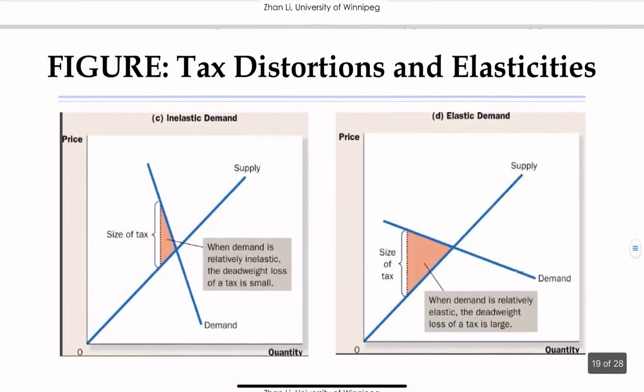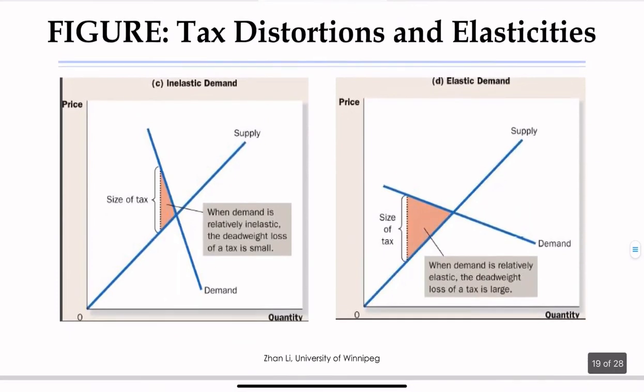Okay, you will have the same case when you're thinking about the elasticity of demand. So let's compare graph C and graph D. Here we have the same supply curve, and the only difference is the elasticities of the two demand curves in graph C and graph D. In graph C, again, we have steep and relatively inelastic demand. And in graph D, we have elastic demand.